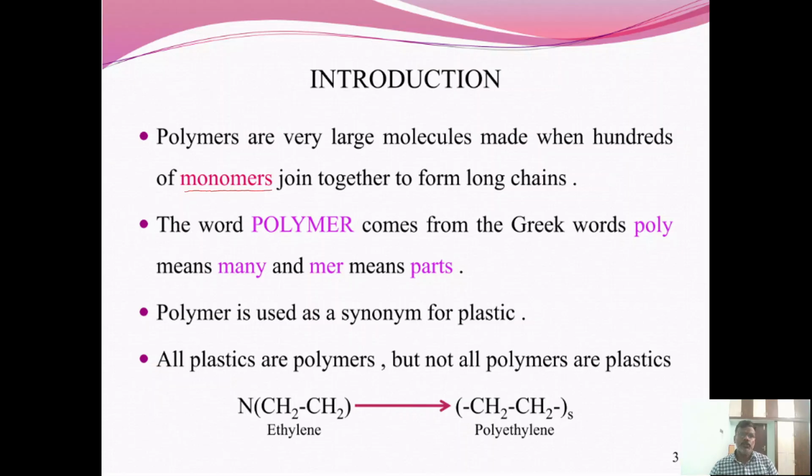Monomers are a single unit. Actually, it's a Greek word. Mono means single, mer means unit. When single units join together, it ends up with polymers. So poly means many. Poly means many, mer means units.